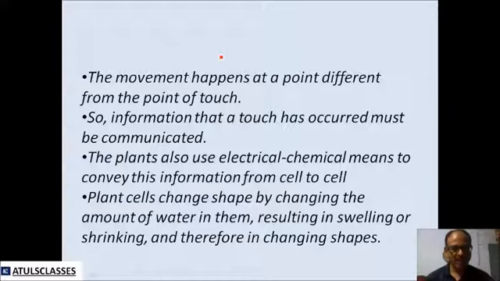And the plants change shape by changing the amounts of water in them, resulting in swelling or shrinking, and therefore in changing shapes. So the shape change is only because of the change in the amount of water in them, which results either in swelling or in shrinking.